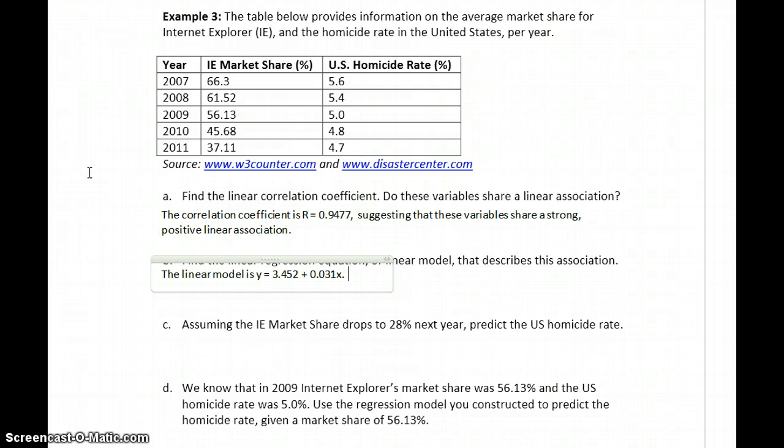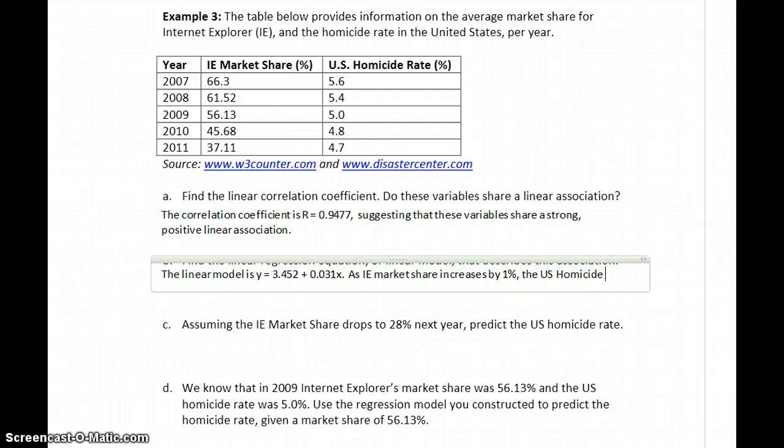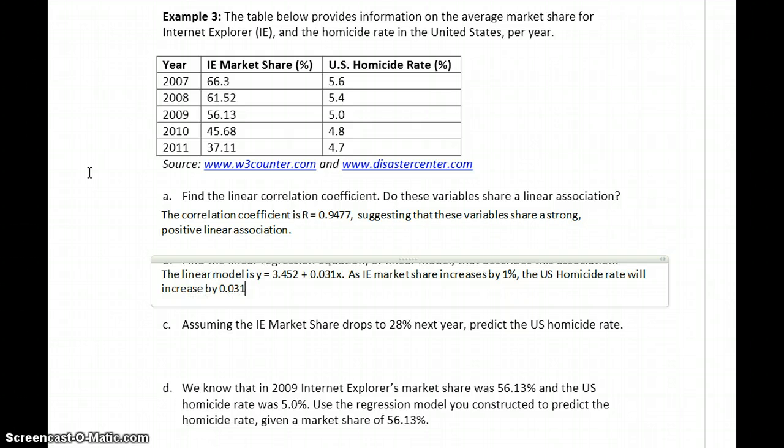We're not asked to, but we could provide an interpretation for the slope. As Internet Explorer market share increases by 1%, the US homicide rate will increase by 0.031%.